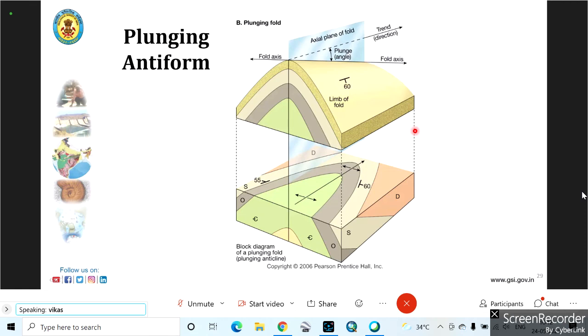They cannot be non-plunging. Because of the plunge, the closure is visible in that plane. So we should keep such things in mind.